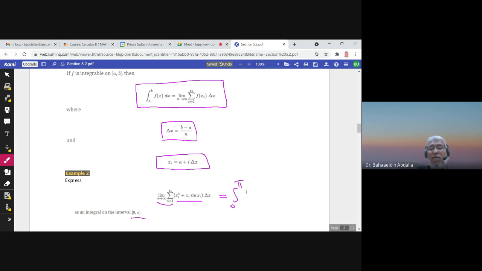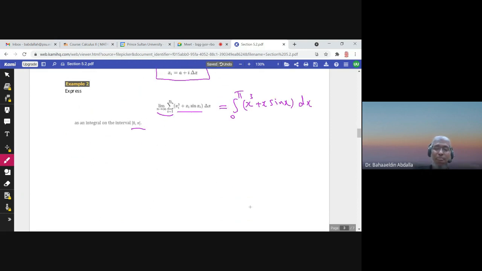So f of x is in fact x cubed plus x times sine x. This is f of x. And delta x, you change it to dx. So this is how we express the limit sum as an integral. That's the answer.